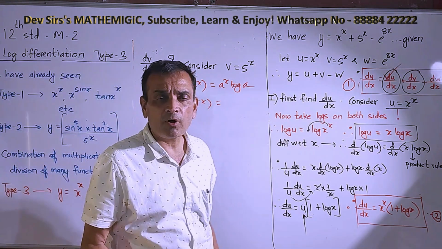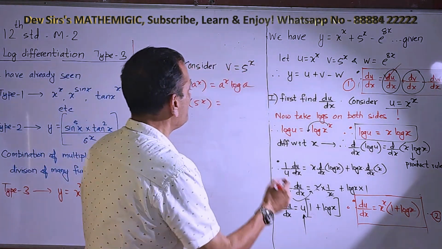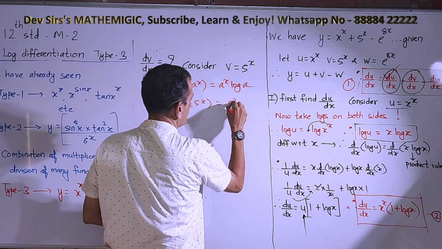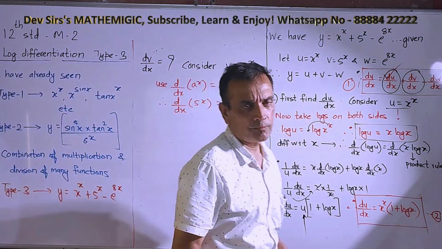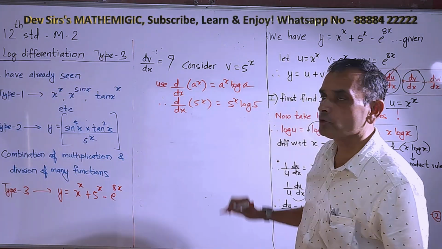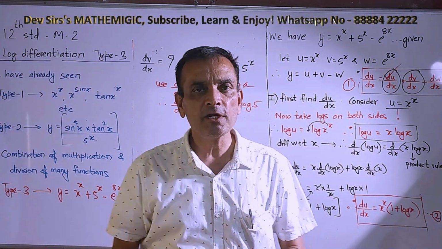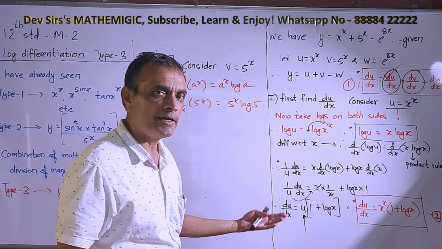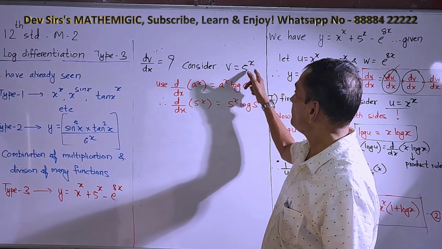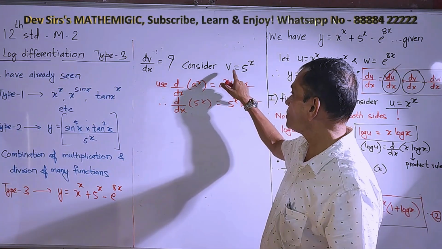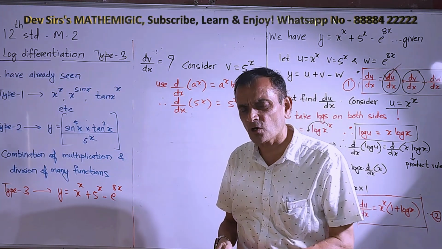So directly if we use the formula, 5 raised to x log 5. That formula we have to use here. So let us differentiate and use the formula directly. इसीलिए log लेने की जरूरत नहीं, because direct formula आ गया है. Even if you take log, एक log दोनों तरफ लिया तो same answer आने वाला है, but not required now.